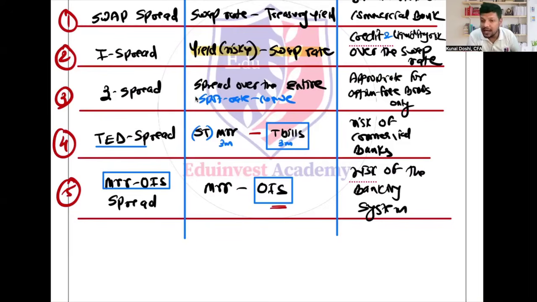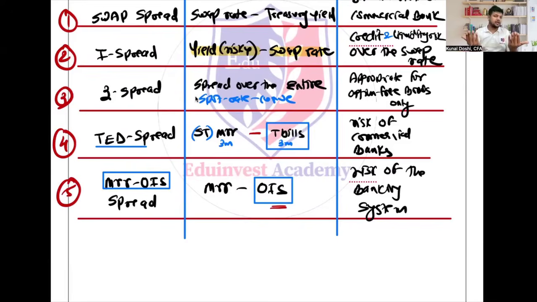I have a question: which spread can be used for money market instruments? So here, we are going to deal with 5 spreads. Money market is less than 1 year, right? So TED and MRR-OIS both can be used for money market. But understand the difference. TED spread is the spread of MRR, which is a Eurodollar, not a government controlled interbank rate, compared with T-bills.